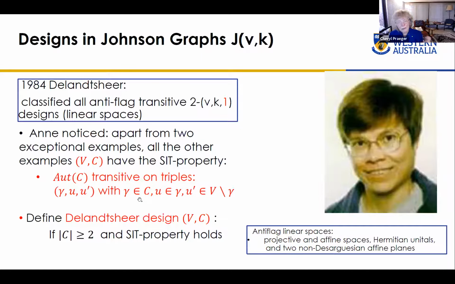And so we hadn't really noticed this until fairly recently, but we're going to call every design, whether it's a 2-(v,k,1) design or not, every design in a Johnson graph, we're going to call it a de Lancher design if it's got at least 2 blocks and it's got this SIT property. So we're going to look at de Lancher designs, and funnily, we've got the same property holding for designs as for codes.